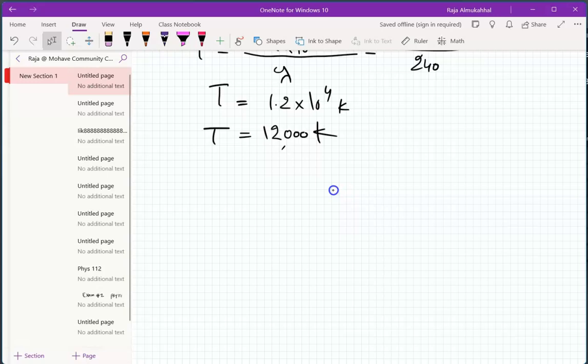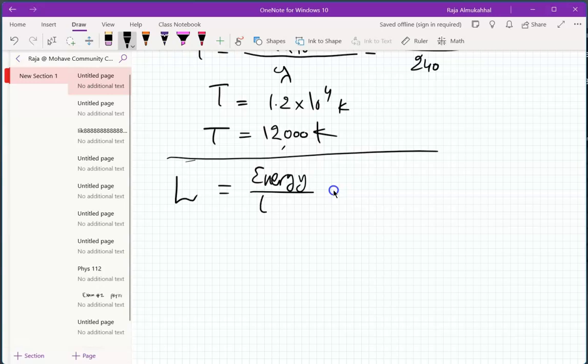Now, let's review what we have done very quickly. So far we have dealt with three formulas. We said that the luminosity, which is the power, watts, which is energy per time, the amount of radiant energy per unit time per second, like joules per second.